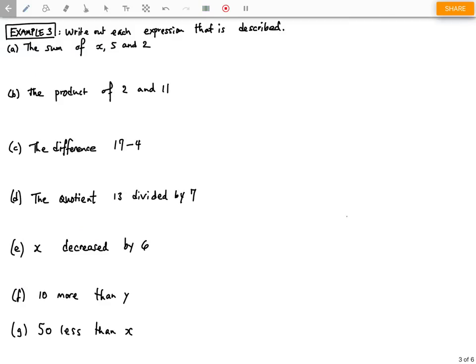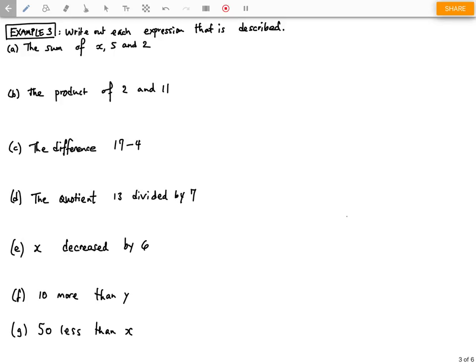Now, let's try a third problem. This problem will require us to examine and translate what is written in English into a mathematical expression.